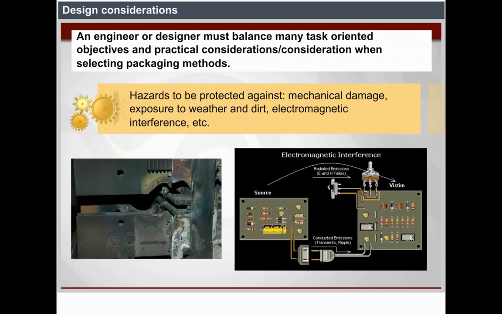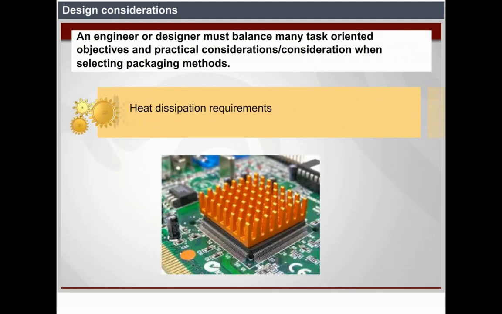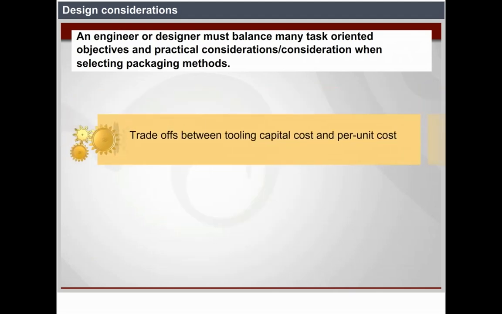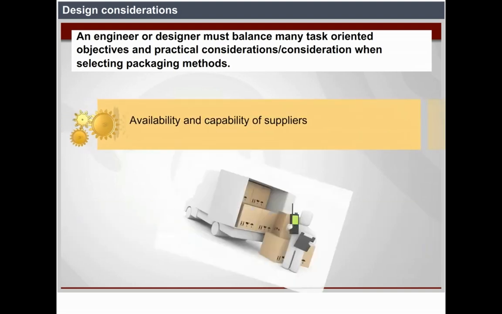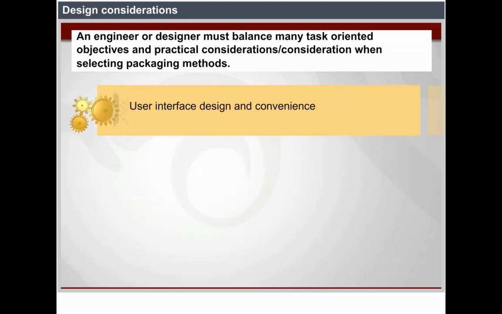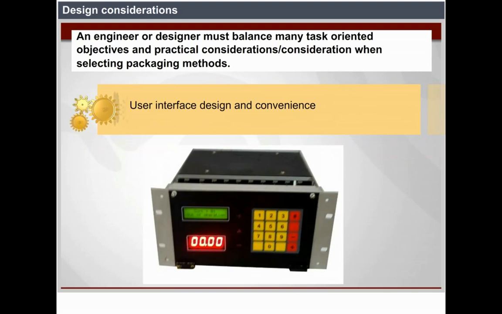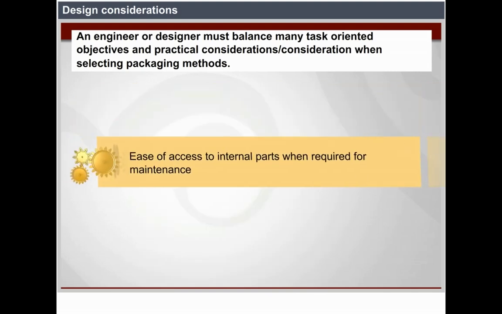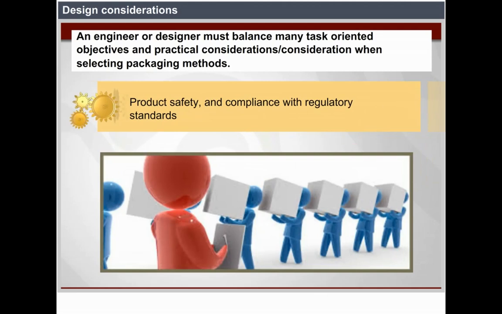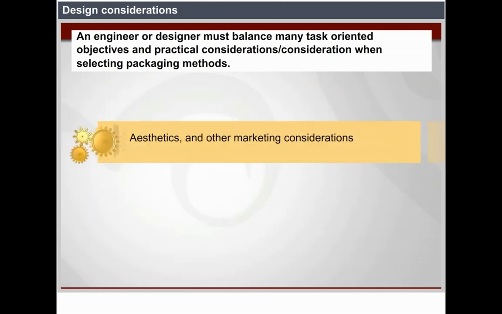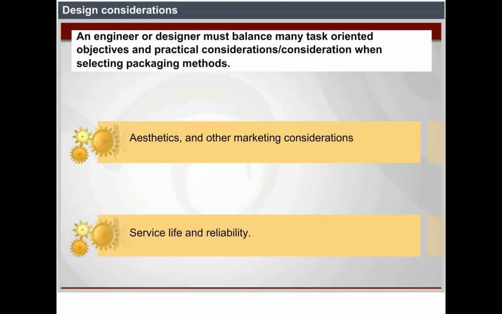Hazards to be protected against: mechanical damage, exposure to weather and dirt, electromagnetic interference, etc. Heat dissipation requirements, trade-offs between tooling capital cost and per unit cost, trade-offs between time to first delivery and production rate, availability and capability of suppliers, user interface design and convenience, ease of access to internal parts when required for maintenance, production safety and compliance with regulatory standards, aesthetics and other marketing considerations, service life and reliability.